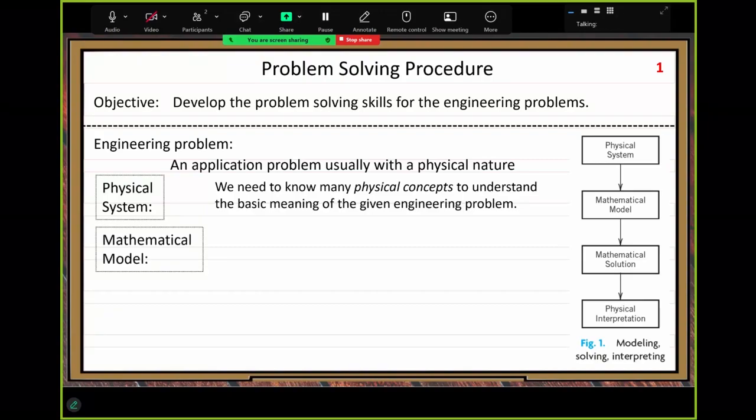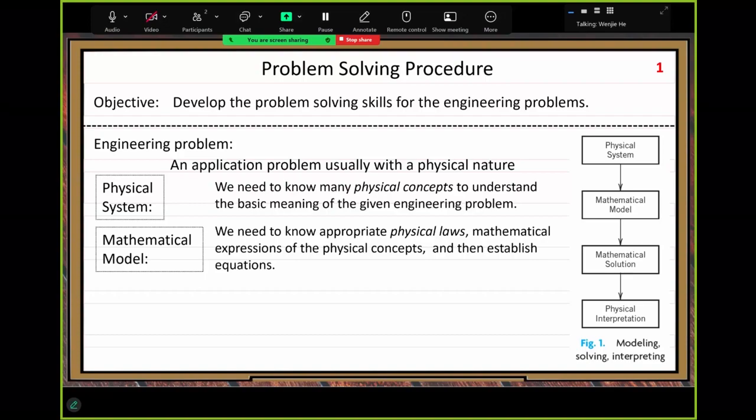Second block. After that, the mathematical model. You need to start solving it. How to solve? A very important step: the mathematical modeling step. What is that modeling stage? We need to know the appropriate physical laws, for example Newton's laws, which you're familiar with, and Hooke's law.